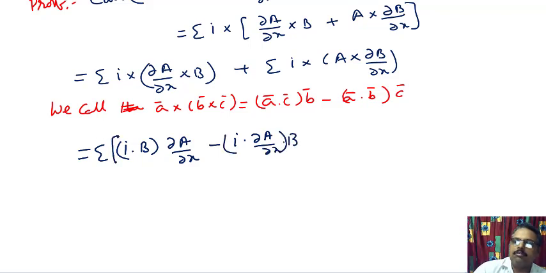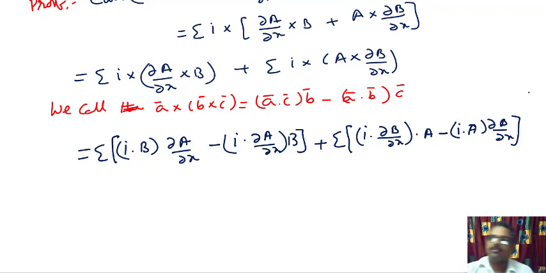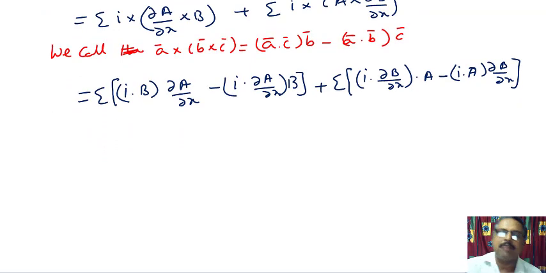This is the first term. In the similar way, for the second term, sigma A, B, C: i dot dou B by dou x dot A minus i dot A into dou B by dou x. Now listen carefully, this is a small, very simple manipulation.